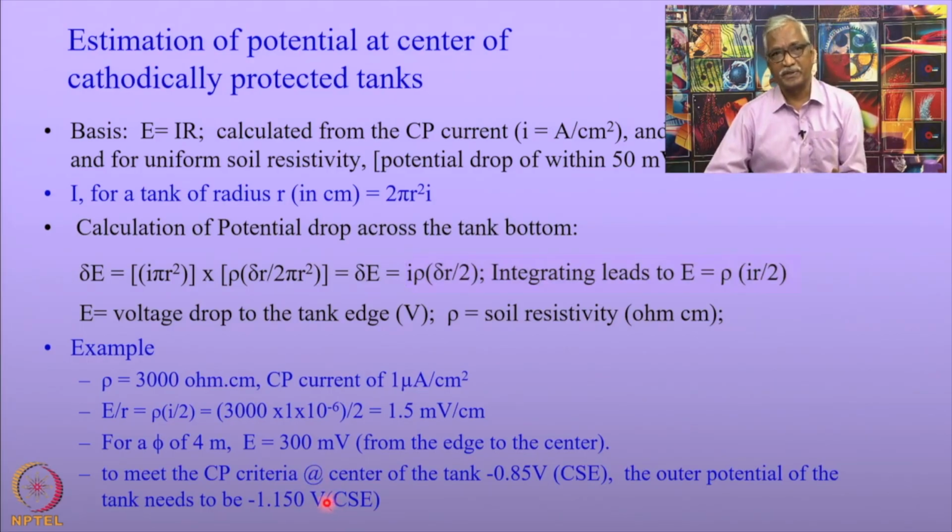So, it is possible to calculate the potential of the tank at the center with respect to soil if we know the resistivity of the soil and the current density required for cathodic protection.